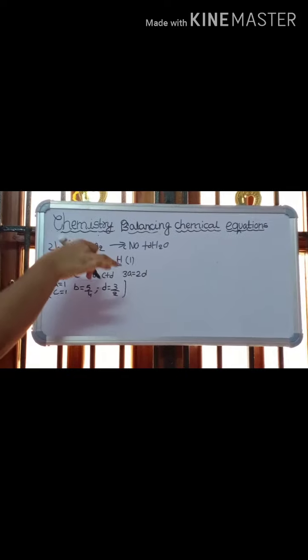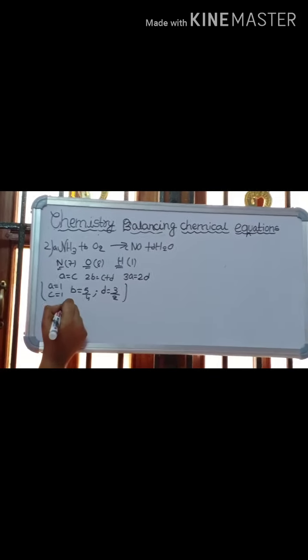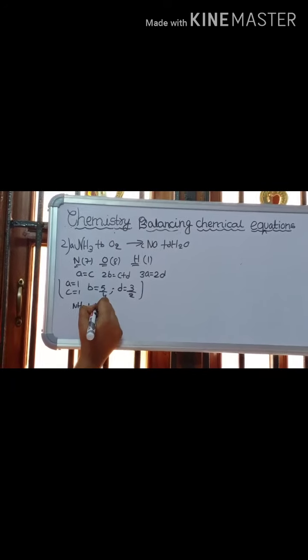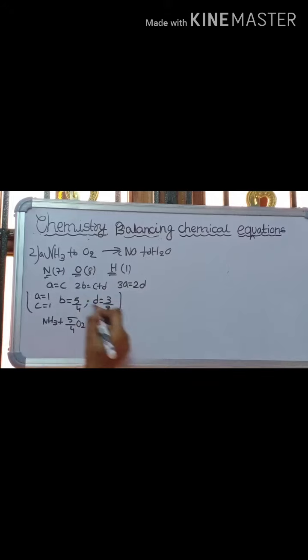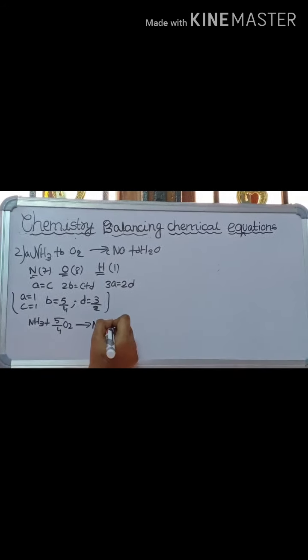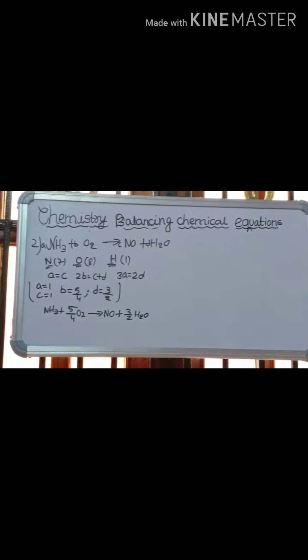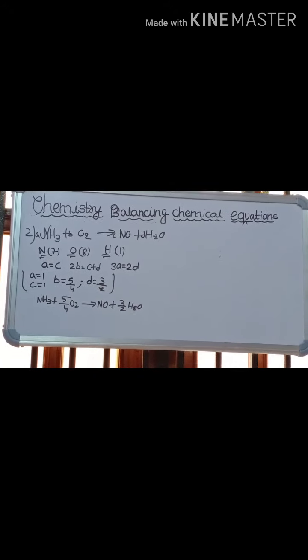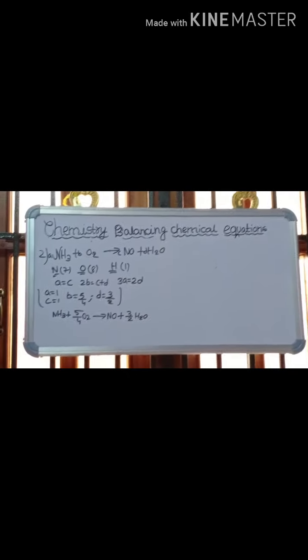Okay, and if you substitute these values in our reaction, NH3 gives rise to 1 nitrogen monoxide and H2O, which means water. Okay, this is our reaction. We need to convert this numerical reaction into an equational form.